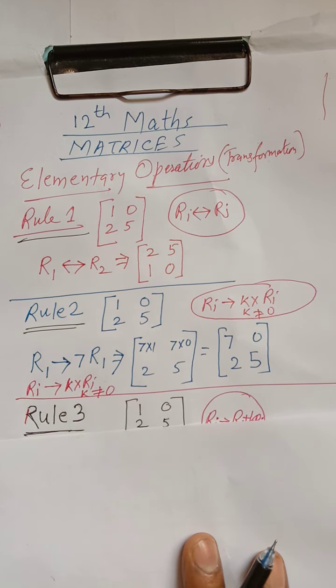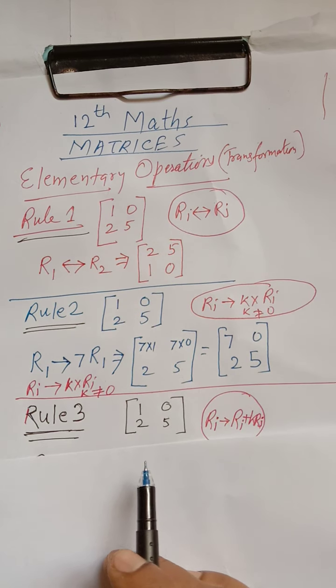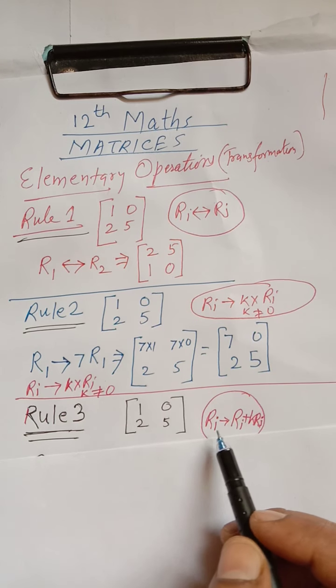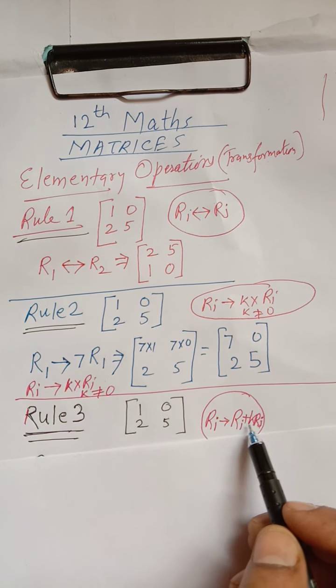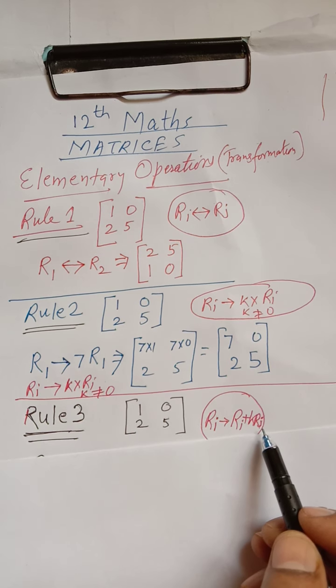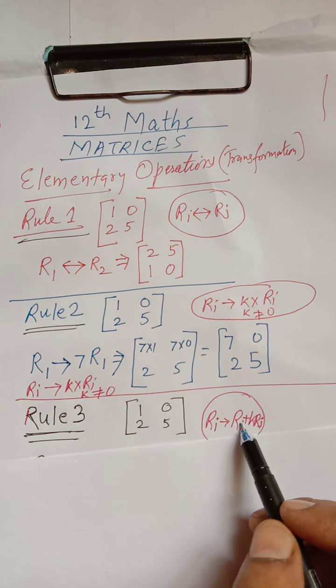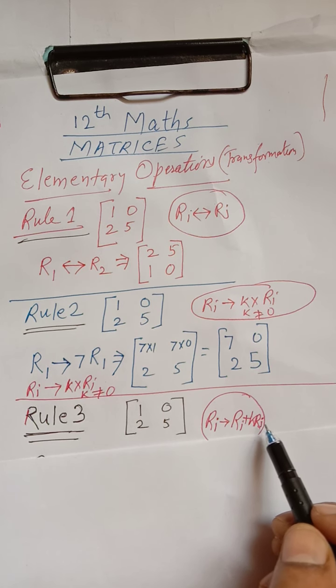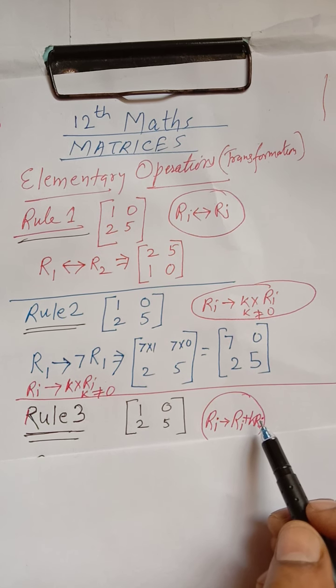Now see this, rule 3. Only 3 rules we have to use. The third one is Ri operating as Ri plus k into Rj. Means you take any row and in that row you add another row multiplied by something, k not equal to 0.